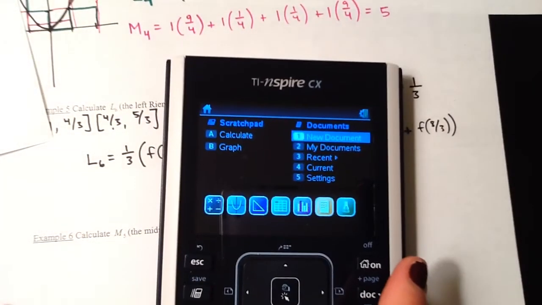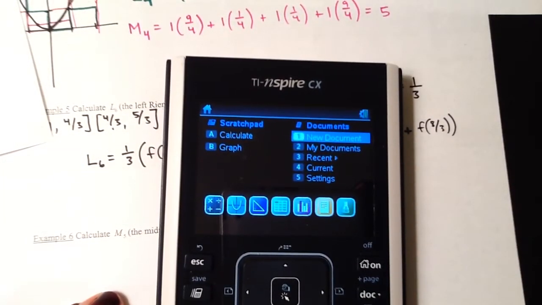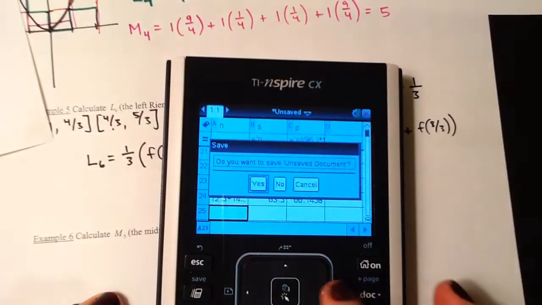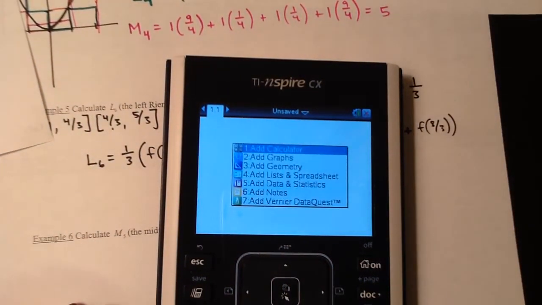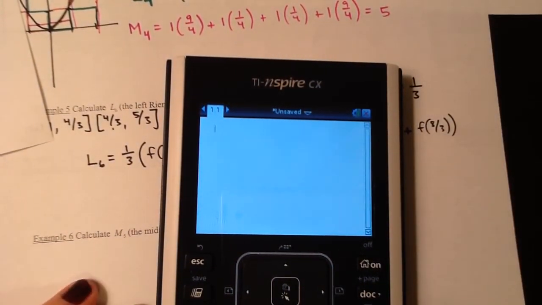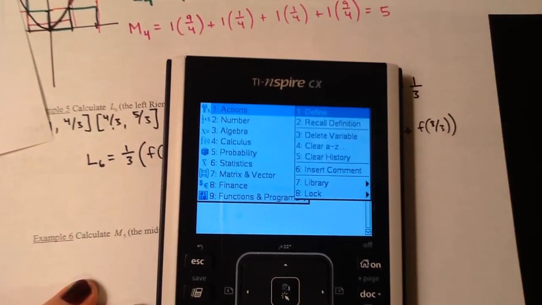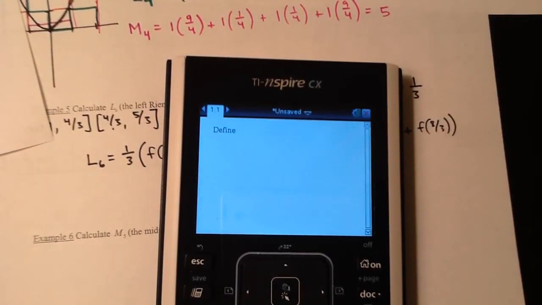Okay, so we've got a number of options here. For the Inspire, I'm going to show you guys on a calculator page. You can define a function. So if you hit menu, actions, then you can define. So we can define f of x as that function, the square root of 6x plus 2.